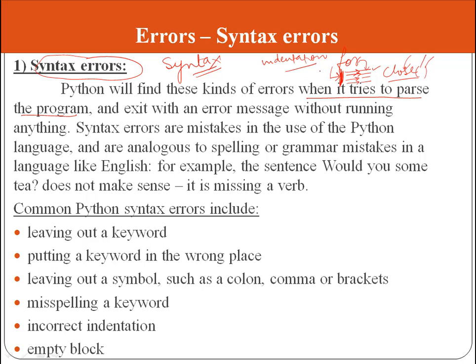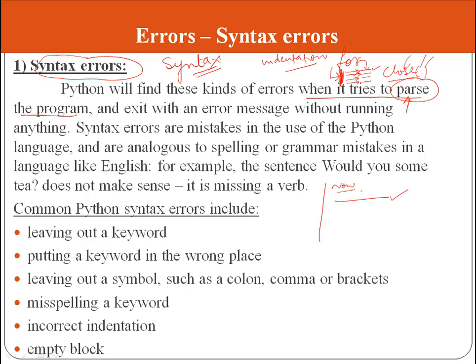Now, when this syntax error is caught by Python, right? When it tries to parse the program, so when you have written it and you say, okay, try to run it, it will try to parse it. Parse means it will look at whether you have written that syntax in a proper manner or not, whether it is acceptable by Python or not.